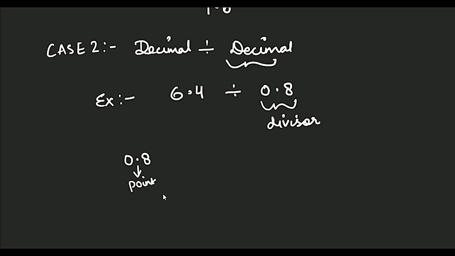Since there is only one digit after the decimal point, we will move my decimal point to the right by one step only. For that we count looking at the divisor, the number which is the divisor here, and we decide by how many steps we are supposed to move my decimal point to the right.